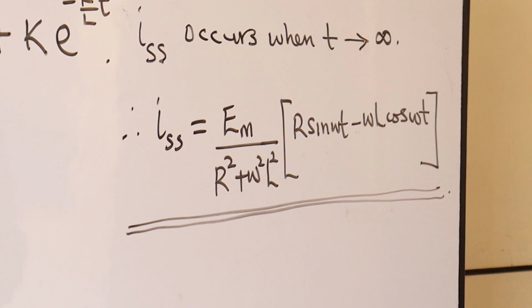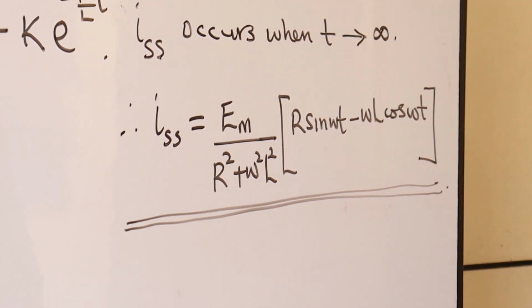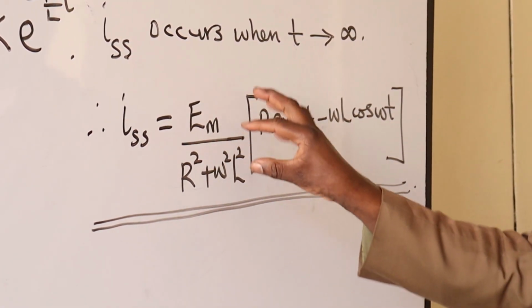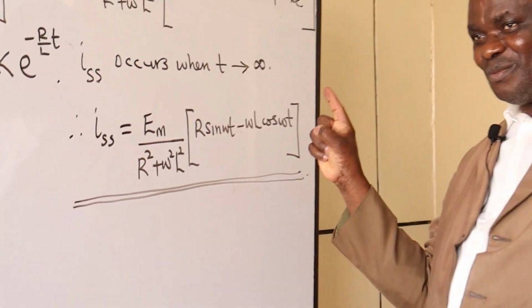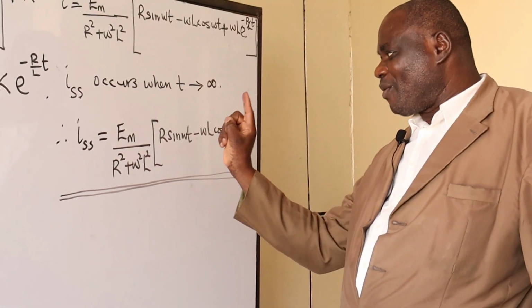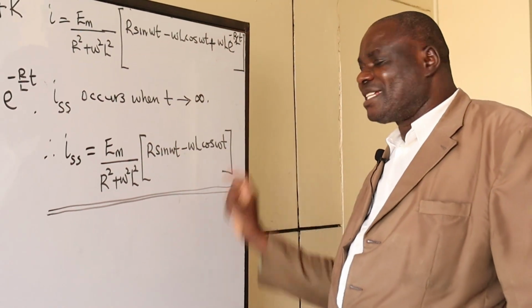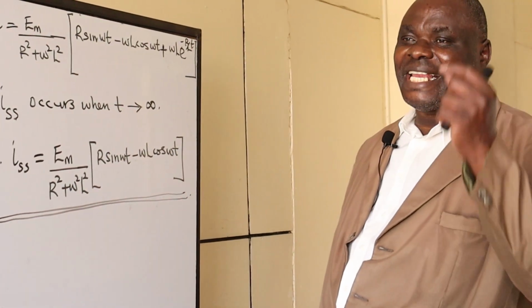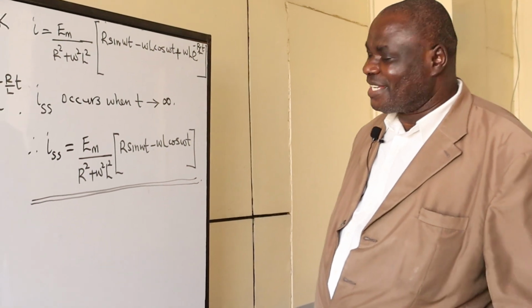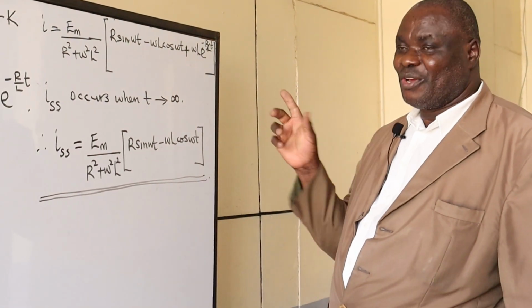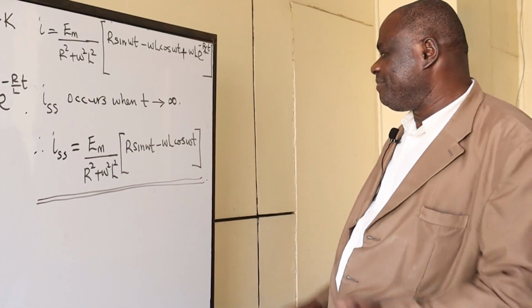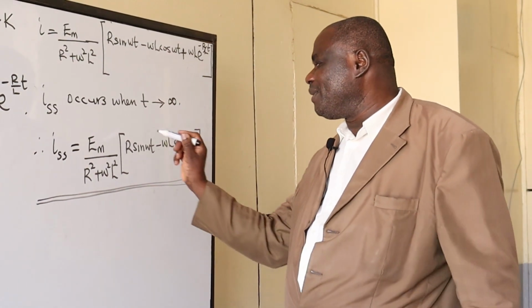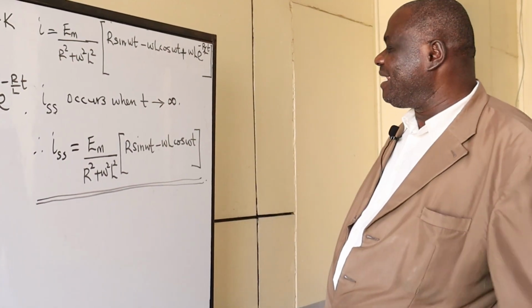This one can also be reduced. You can also be told maybe to put this one in sinusoidal form, where you are supposed to combine this trigonometric term and that trigonometric term to create a single sinusoidal function. That one is also possible, and it can be done.